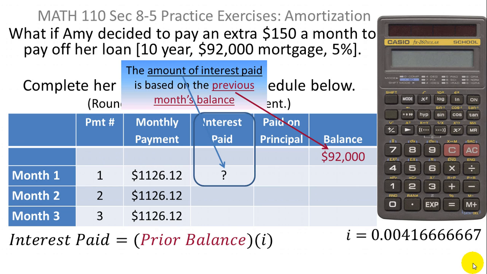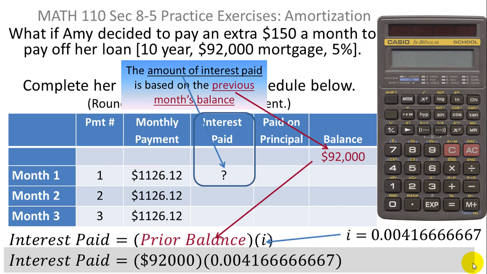So the balance in the previous month becomes the principal for the next month. So the previous month's balance times the interest rate per period will give you the amount of interest paid for a month. So for month 1, it'd be 92,000 times 0.0041666667, and that comes out to 383.3 repeating.